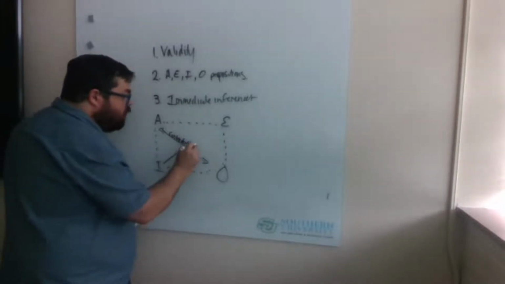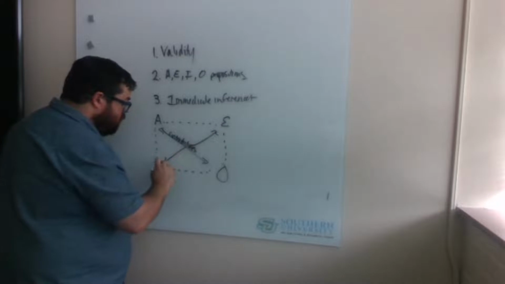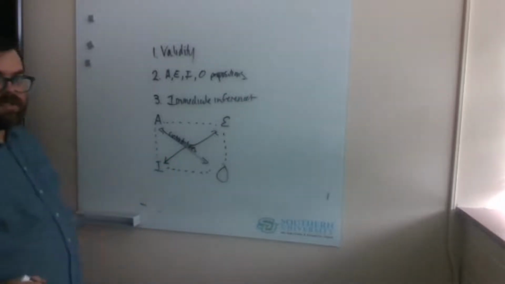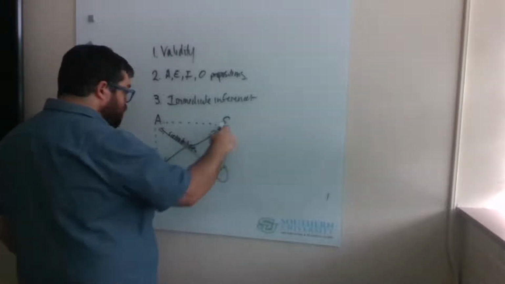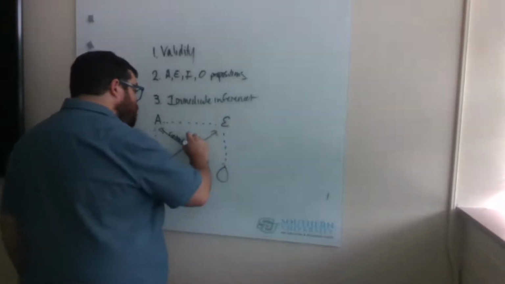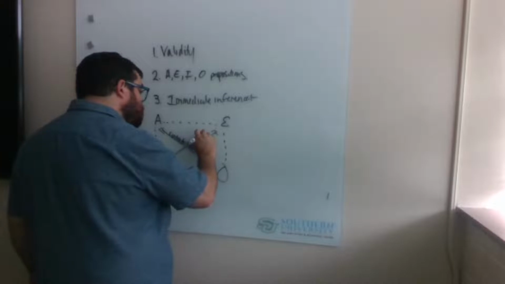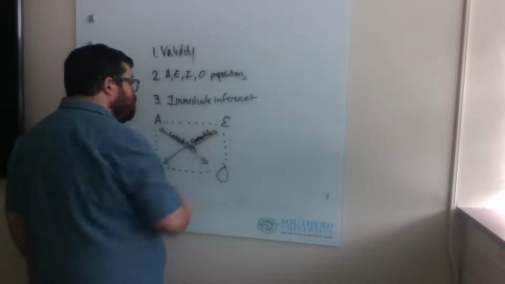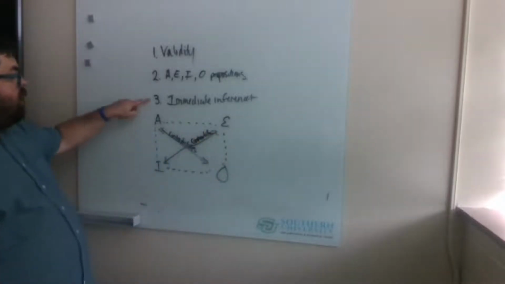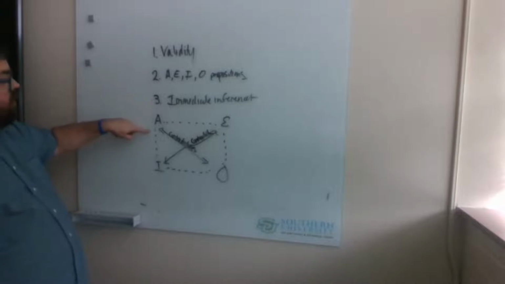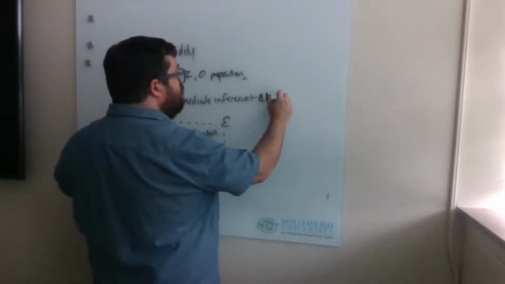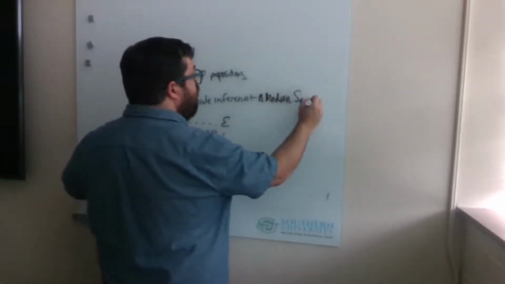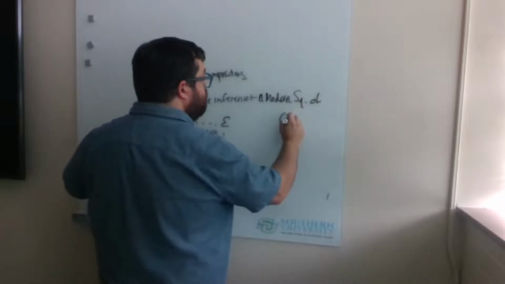And so the logical relationship between these propositions along the X in the middle, between E and I or A and O, is contradiction. And immediate inferences use this notion of contradiction, and the modern square of opposition.